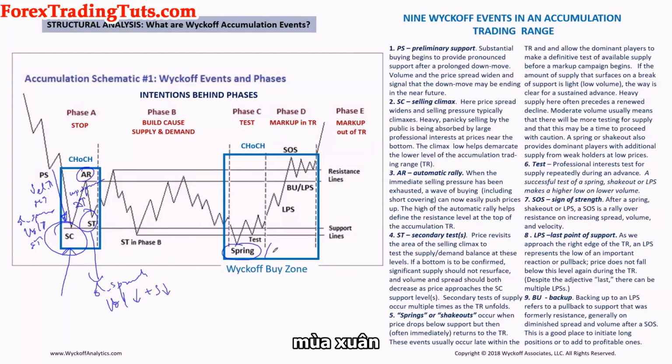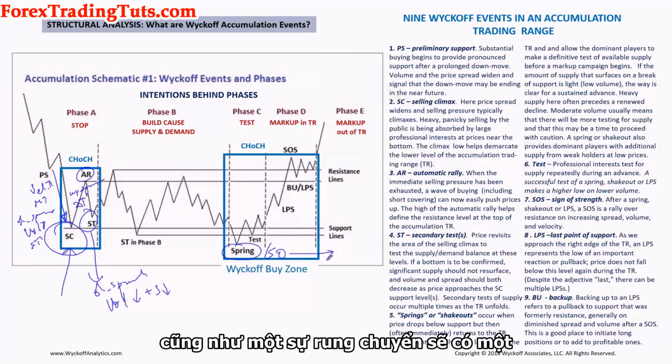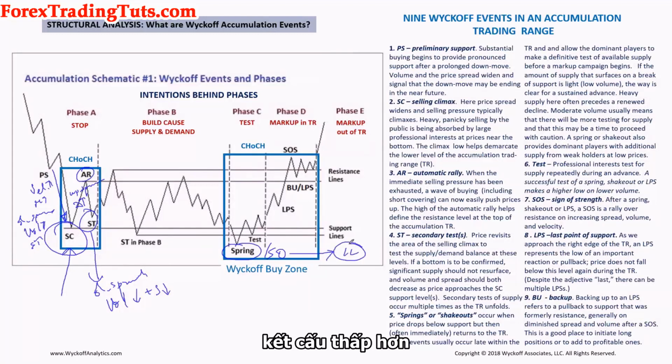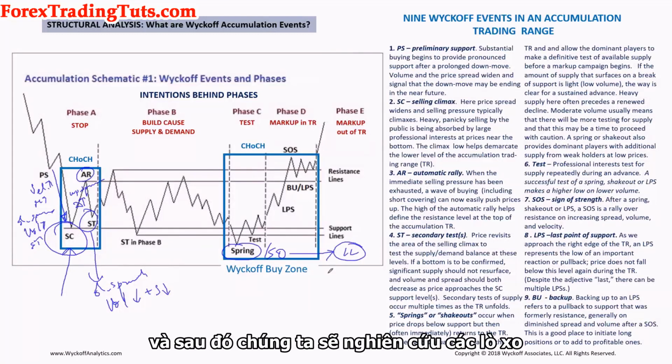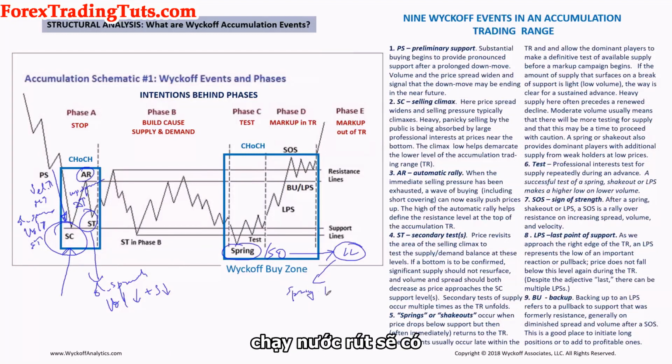Spring as well as a shakeout will have a structural lower low, and then we'll study the springs. Springs are going to have different levels of supply and price penetration below the support, and specific failures, like spring number one.